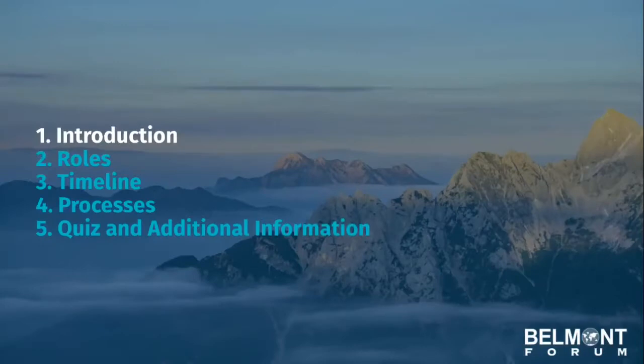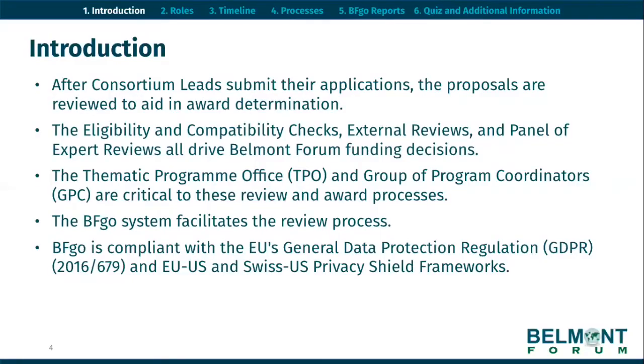Let's begin with an introduction to the award and review process. After consortium leads submit their applications, the proposals are reviewed to aid in the award determination. The eligibility and compatibility checks, the external reviews, and the panel of expert reviews all drive the Belmont Forum funding decisions.